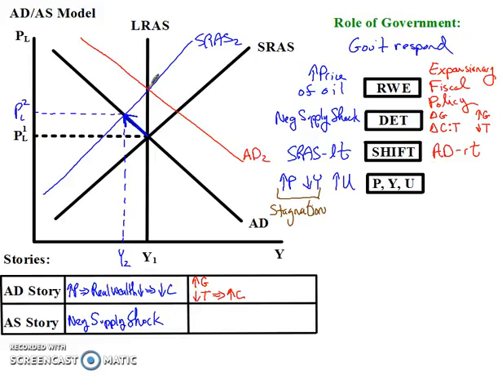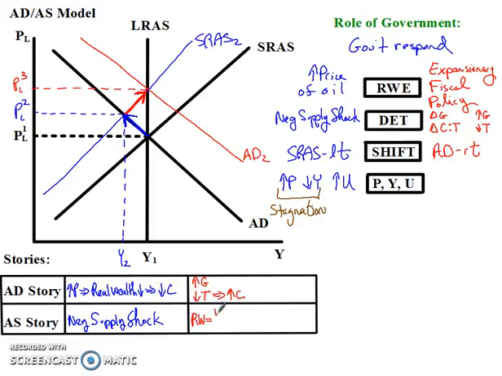But it creates some other problems, because as the government starts spending more money and consumers start buying more stuff, that's going to cause prices to get bid up even higher. Now we have the sticky wages.